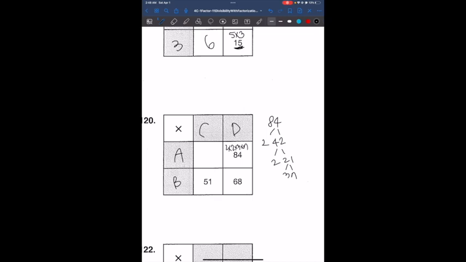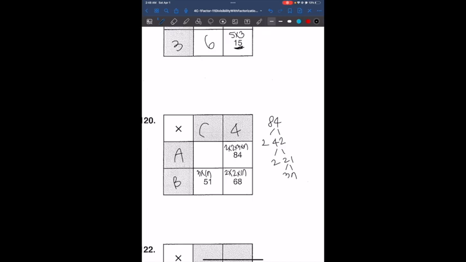For 51, we can express that as 3 times 17. And for 68, we can express that as 2 times 2 times 17. So based on this vertical column, 2 times 2 is involved in both. So we know that D is going to be 2 times 2, which is 4.